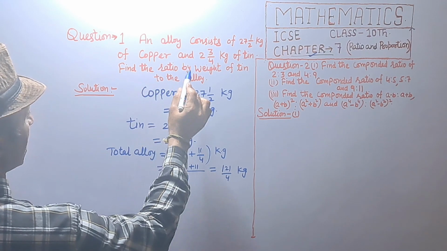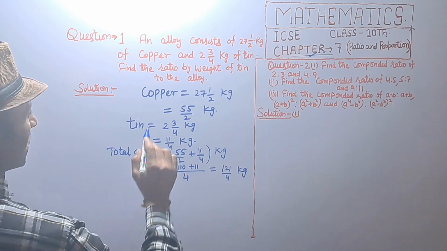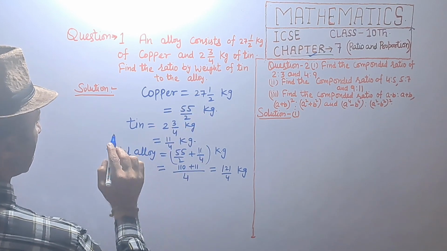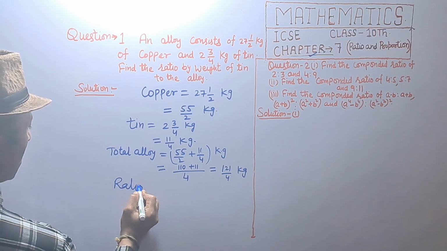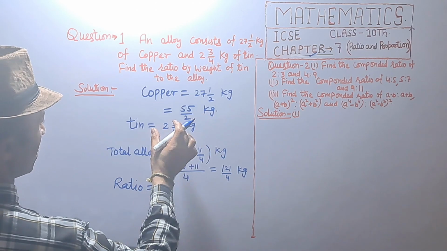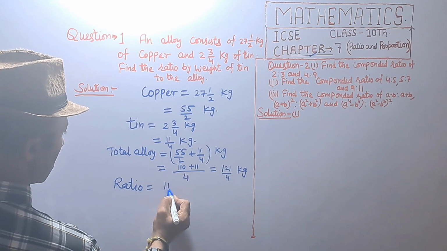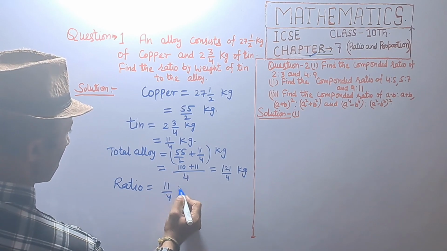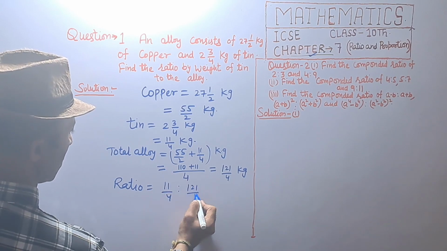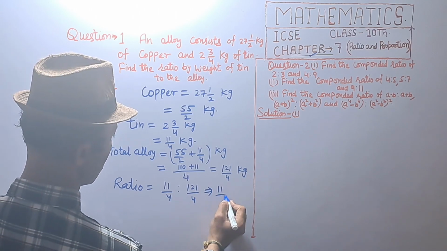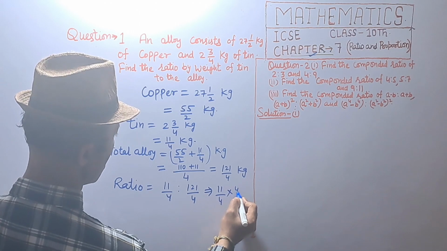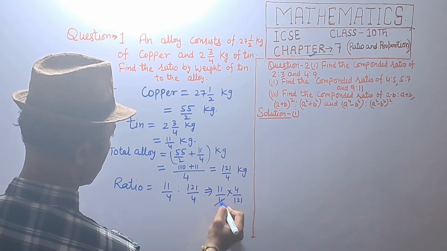And find the ratio by weight of tin to the alloy. Ratio is equal to 11/4 ratio 121/4, which implies 11/4 into 4/121.